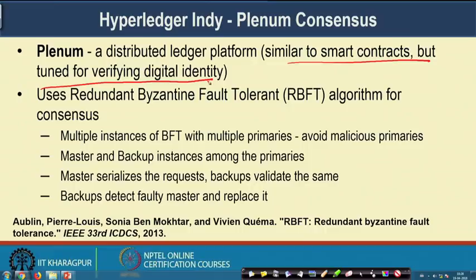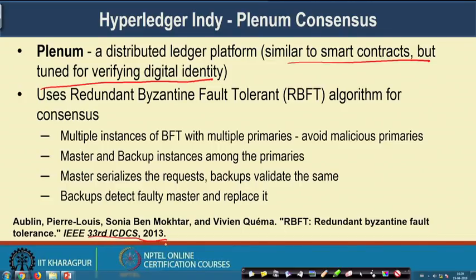So this is a kind of closed environment or a permissioned blockchain environment, and here it is a nice example where we utilize a variant of a Byzantine fault tolerant algorithm, which is called the redundant Byzantine fault tolerant or RBFT algorithm. This algorithm was proposed in 2013 in a top distributed systems conference called ICDCS.